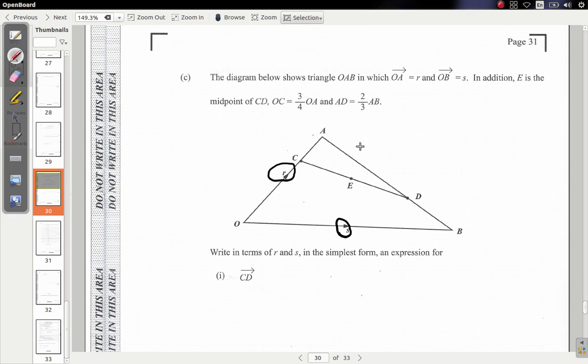In addition, E is the midpoint of CD. You have to remember that. Keep that in mind.